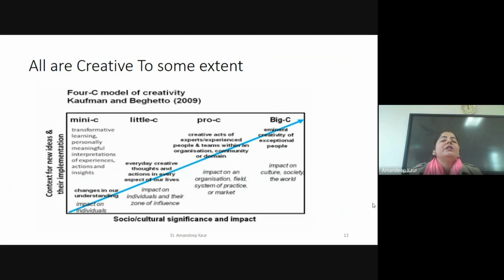The institution has already provided training in terms of psychomotor ability and affective domain. With that training, the student is able to interact with experienced people and work in a team within the organization or any community developed at institute level. So it has an impact on the organization, field, system of practice, and also on the market.